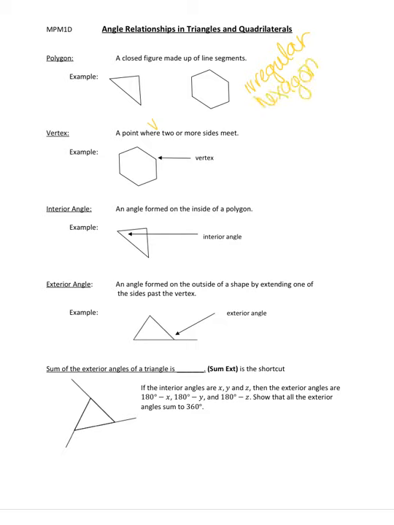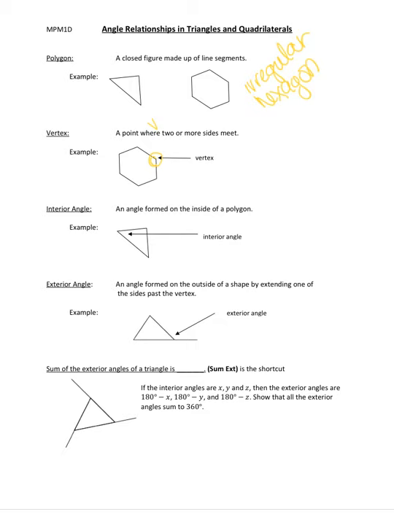Okay, the vertex of any shape is where 2 or more sides meet, and we call that the vertex. And at that vertex, we can make interior angles, right? So we can make angles on the inside here as soon as those side lengths form. And any exteriors are going to be made if there's a line and then that segment there. Okay, so if you were to extend out the line.